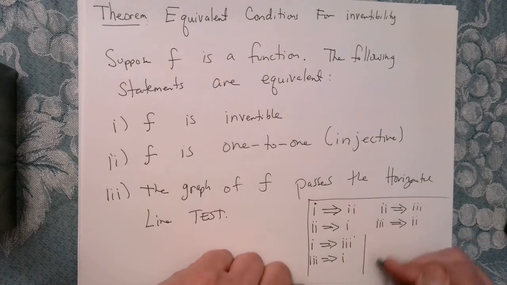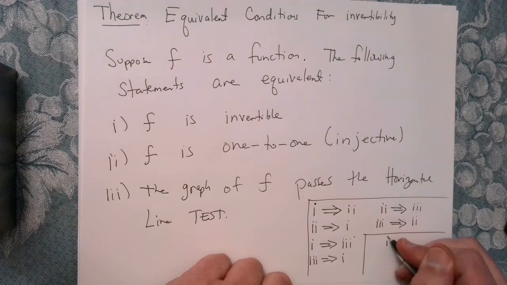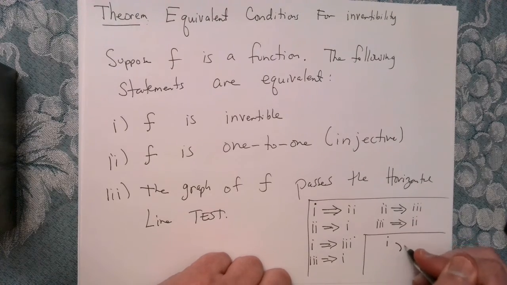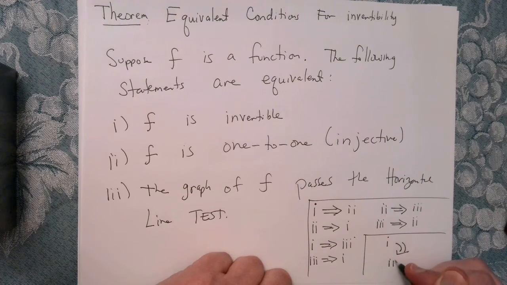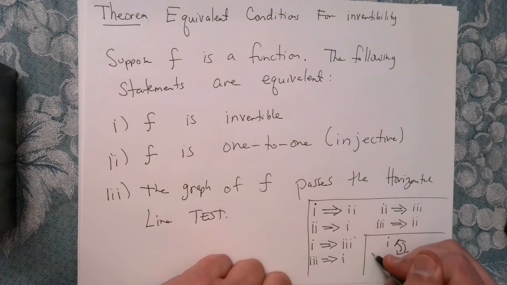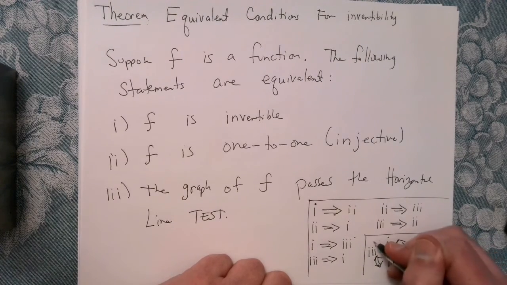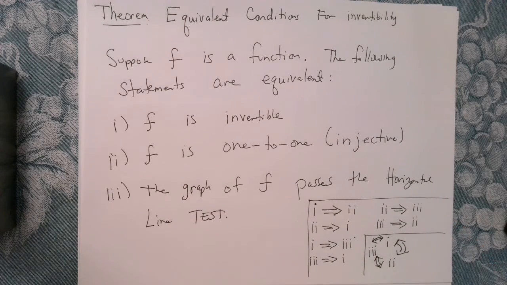Sometimes we write it in a more succinct way, 1 implies 2, 2 implies 3, 3 implies 2, etc. As soon as I know one of these, I know that the others are true.